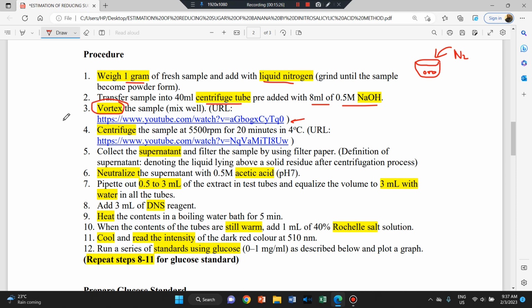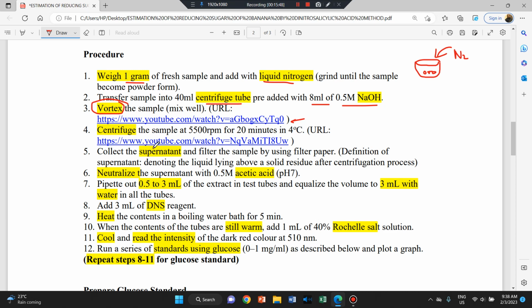This is just a vortex mixer: you press the button, it creates a kind of whirlwind, a swirling ability, and mixes everything up for you. So watch the video.